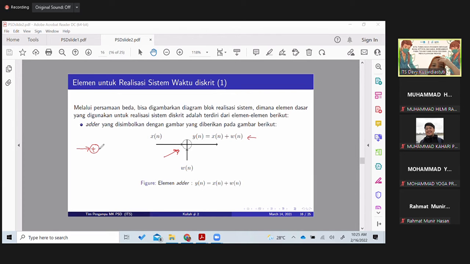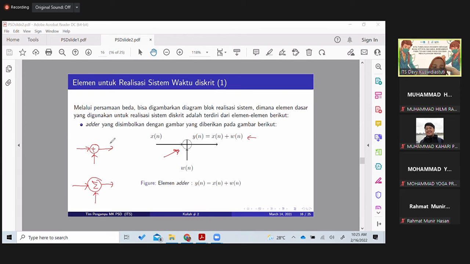Some books also have a different symbol for an adder, which is sometimes written as a sigma here. It is also used to describe an adder in the block diagram.